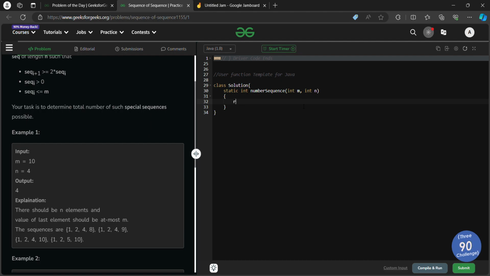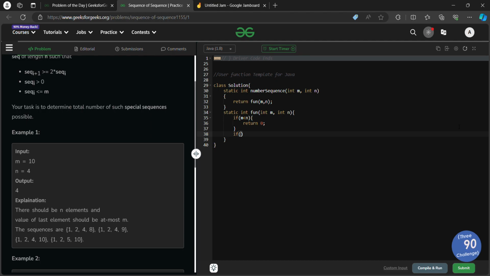First we need to create a method, okay. It is a function f of m comma n, okay. First we need to write base cases. If m is less than n, in that case we need to return 0, okay.